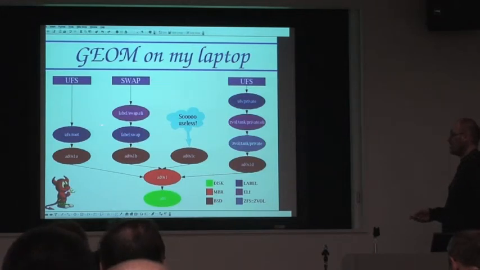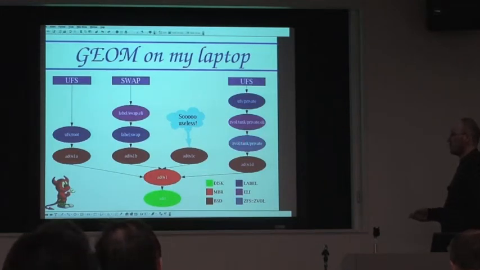I have a swap partition, which I also have a name for, which is label/swap. I use the glabel class for naming those providers. And my swap is encrypted using GELI. I have the ad0s1d partition. This is used for the ZFS file system.